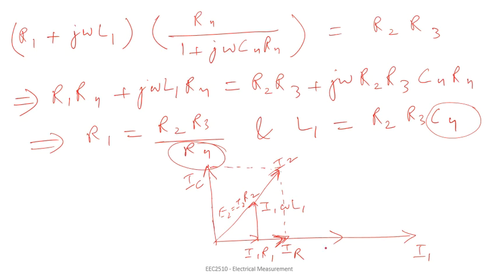Similarly, if we call this I3, the phasor sum of this E2 and this E3 will be the total voltage. So this will be drawn in this form, and this will be your A. So you can also try to draw the phasor diagram for it.